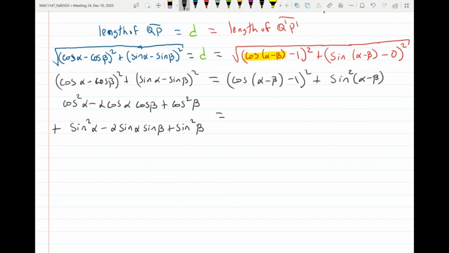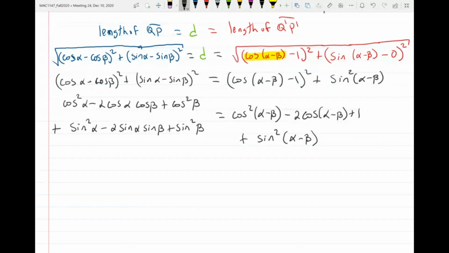That's going to be equal to, I'm going to do the same thing on the right hand side: cosine squared of alpha minus beta, then minus 2 cosine of alpha minus beta, because there is a 1 in there, and then plus 1, and then remember we have a plus sine squared of alpha minus beta. Okay, questions on what we have here so far?